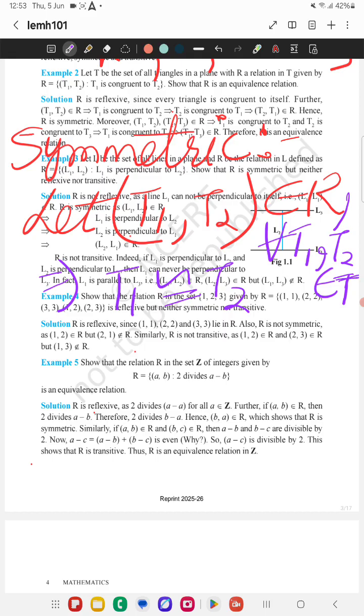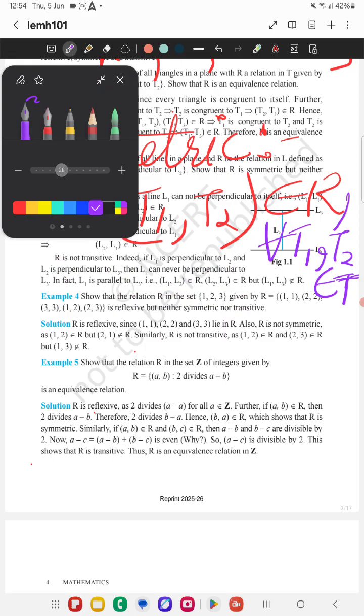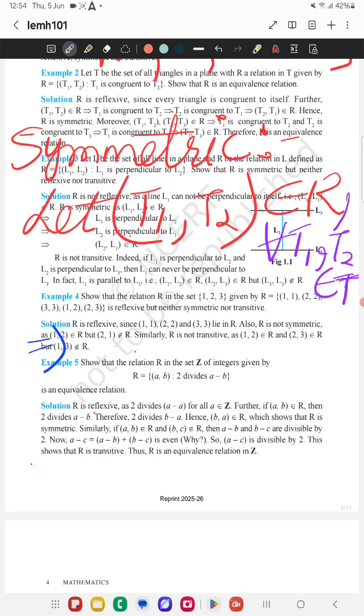Okay, so what does it mean? This implies that T1 is congruent to T2. Now if T1 is congruent to T2, I will write T2 is congruent to T1, because if triangle T1 is congruent to triangle T2, then triangle T2 should also be congruent to triangle T1.